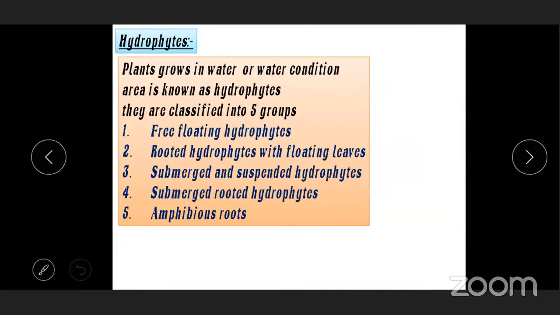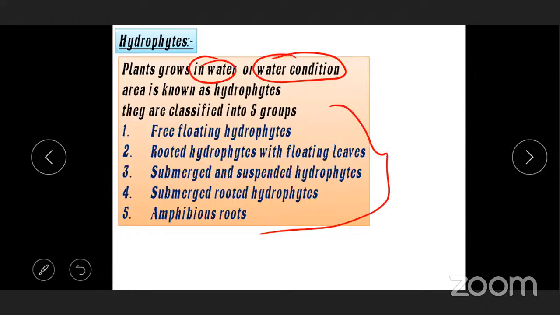What are hydrophytes? Plants that grow in water or in water conditions are known as hydrophytes or aquatic plants. They are classified into 5 groups based on their structure and growing. Based on structure, there are 5 types of hydrophytes.